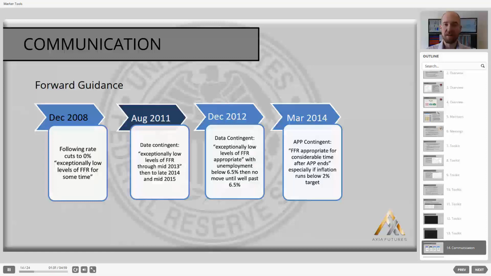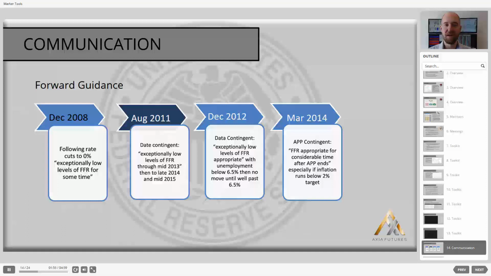2012 they added a data contingency as well. So what they started to do here is suggest that as unemployment rate started dropping, they would then consider raising rates. So the exceptionally low level of Fed funds rate would be appropriate until they see unemployment below 6.5%.